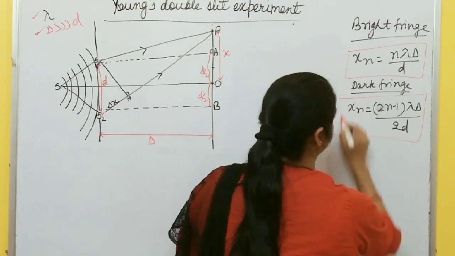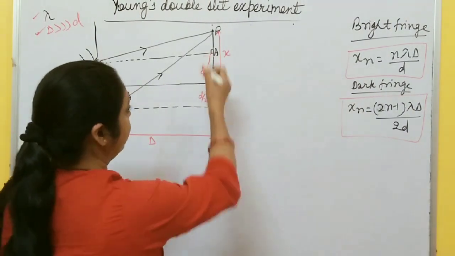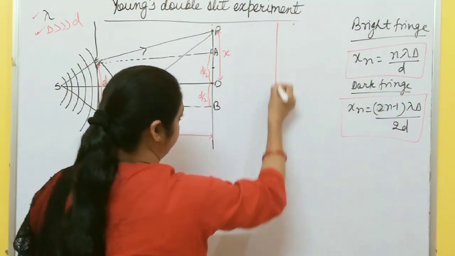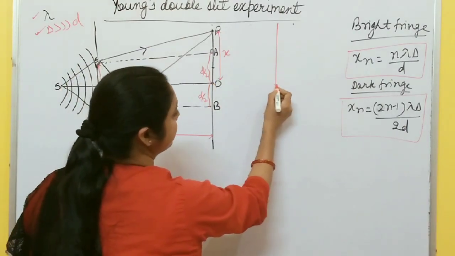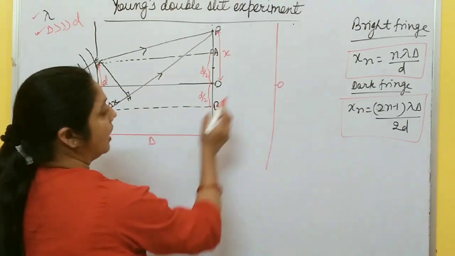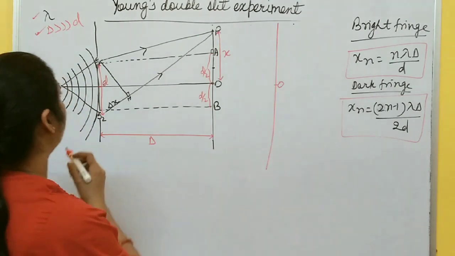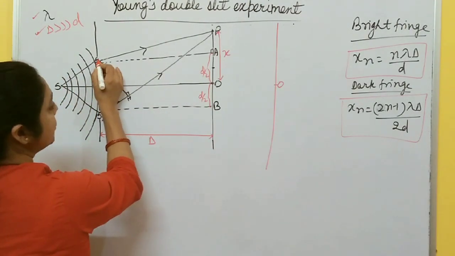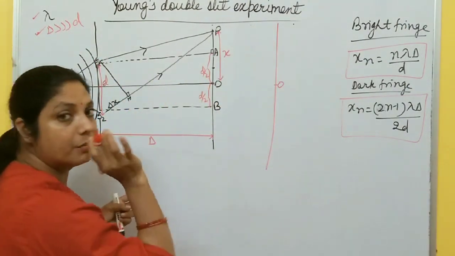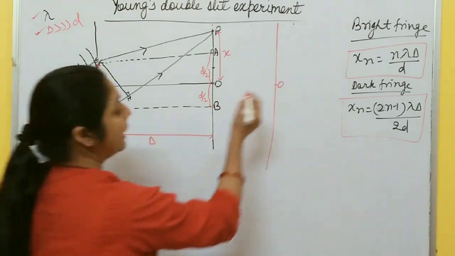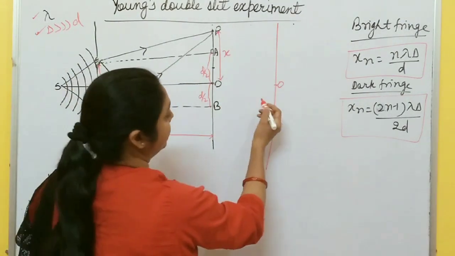Now let us try to draw this pattern here on the screen. Suppose this is the screen, this is the center O, right? Now at the center of the screen, what happens? The distances from the sources S1 and S2 are the same, the path difference is 0, so at the center maxima is formed.